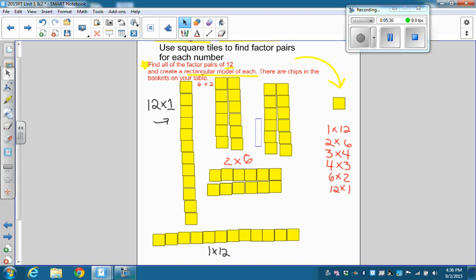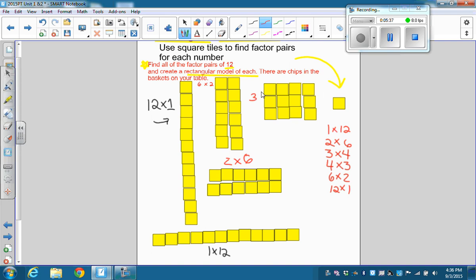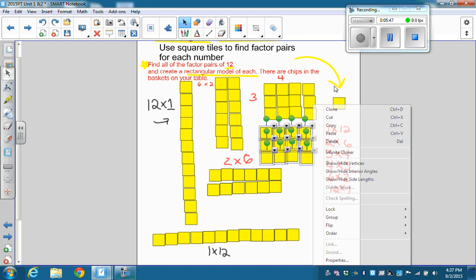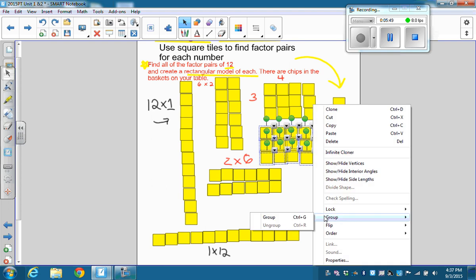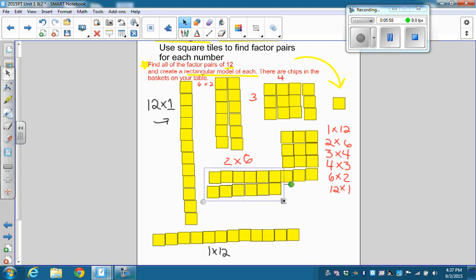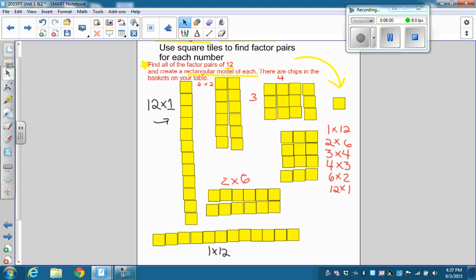Yeah, so that's a 3 by 4. And then clone that one and group it. Rotate it. Why don't you label that one for me, Alcy, as a 4 by 3. Yeah, as a 4 by 3.